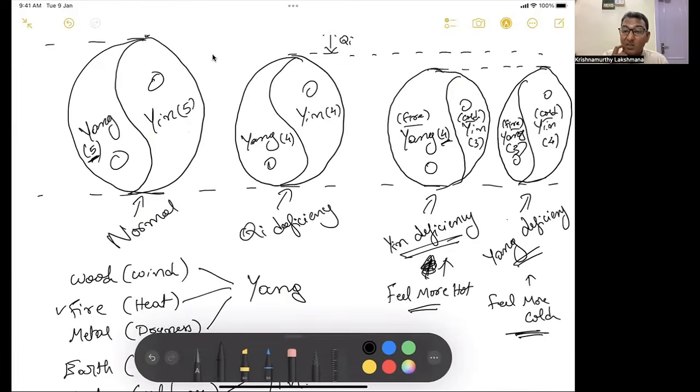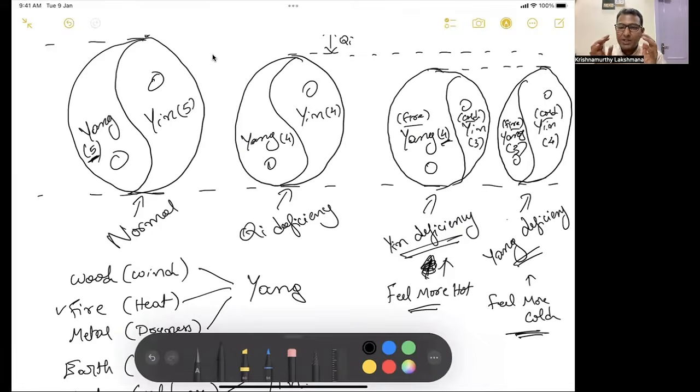In qi deficiency, what will happen? There is no imbalance of heat and cold. Only the functioning is less. Say when the qi is properly functioning, they can climb, let's say, 4 floors. They can easily climb.